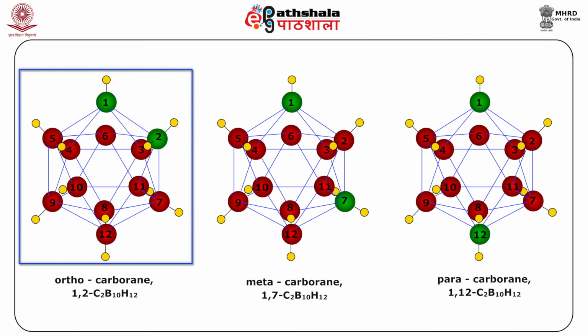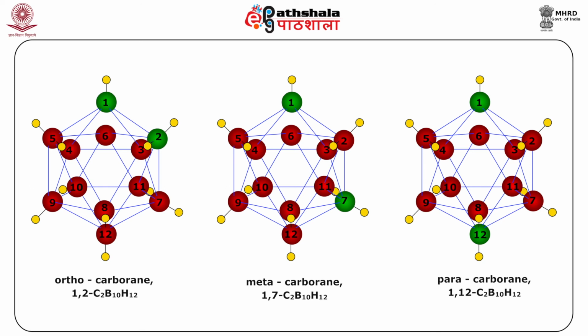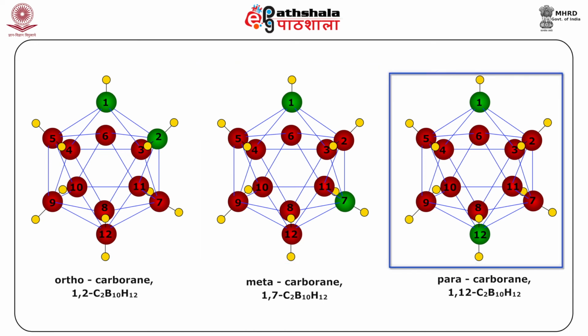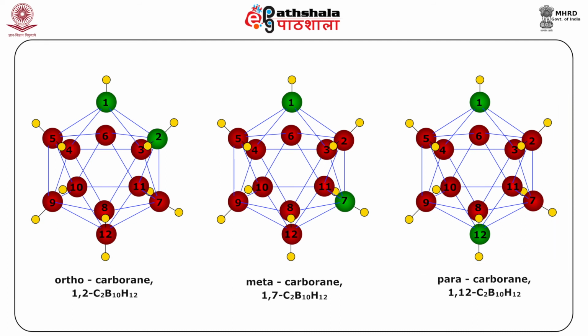The heating of the 1,2 isomer in the gas phase at 470 degrees Celsius for several hours leads to the formation of the 1,7 isomer. The quantitative yield is obtained by flash pyrolysis at 600 degrees Celsius for 30 seconds. A heating of the 1,7 isomer for a few seconds at 700 degrees Celsius results in the formation of the 1,12 isomer with 20% yield. Figure shows the isomers of closo-C2B10H12.